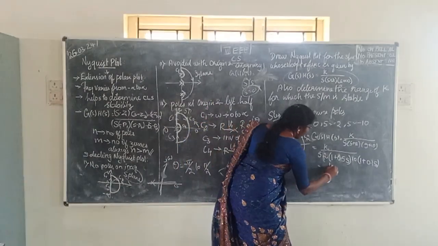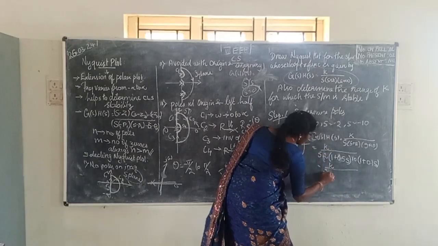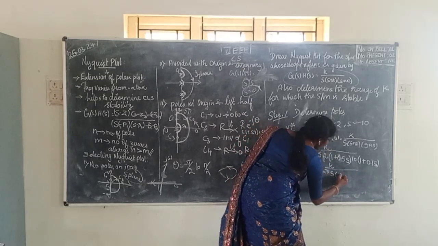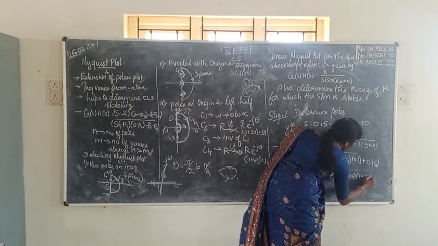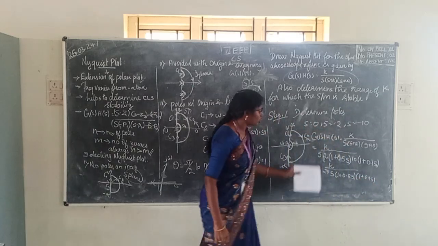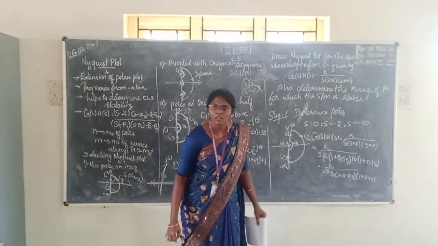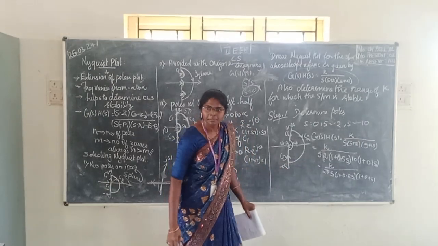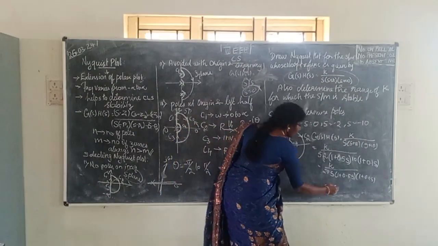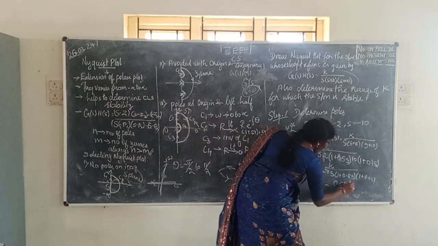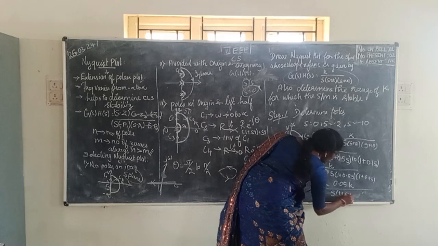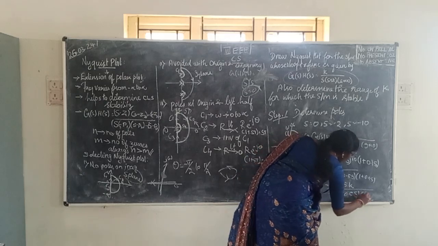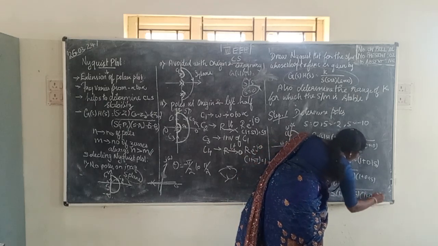So K divided by 20 into S into 1 plus 0.5 S into 1 plus 0.1 S. If I take this as 1 by 20, what is the value of 1 by 20? 0.05. K divided by S into 1 plus 0.5 S into 1 plus 0.1 S.